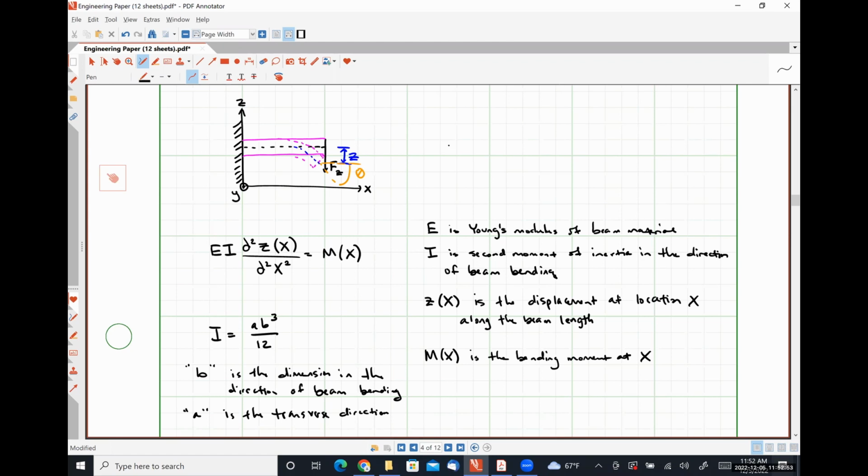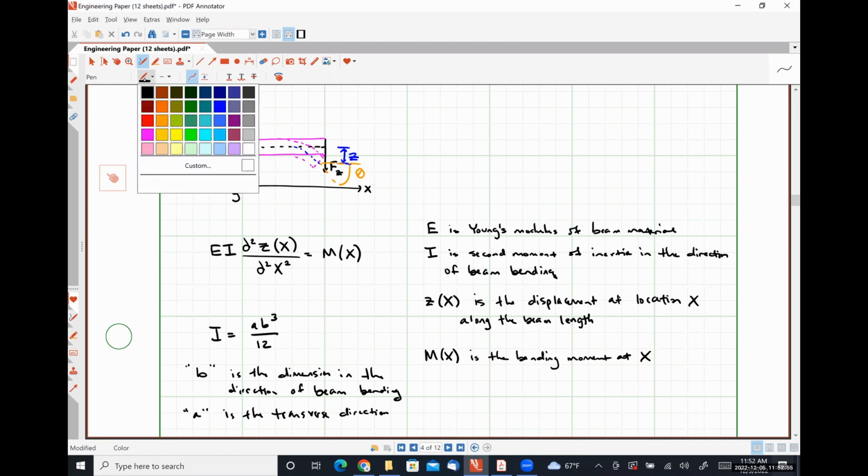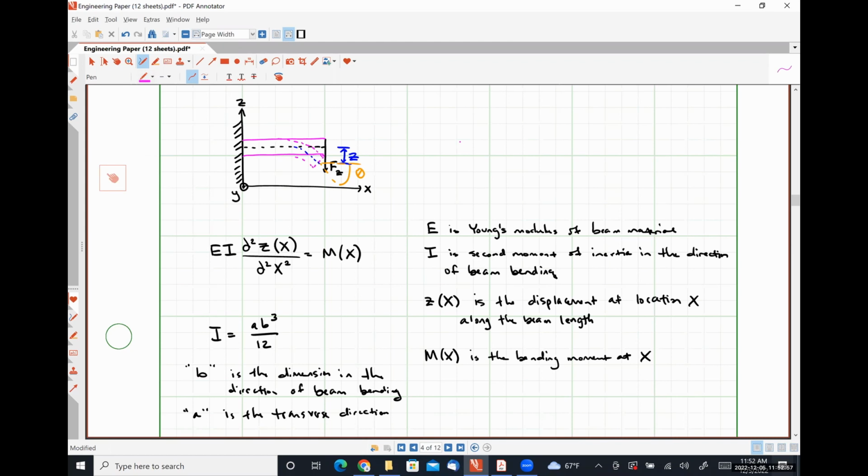So just for example here, let's draw a thing. All right, let me introduce a coordinate system. So this is going to be our Z direction. This is going to be our Y direction. And the X direction is out of the page.